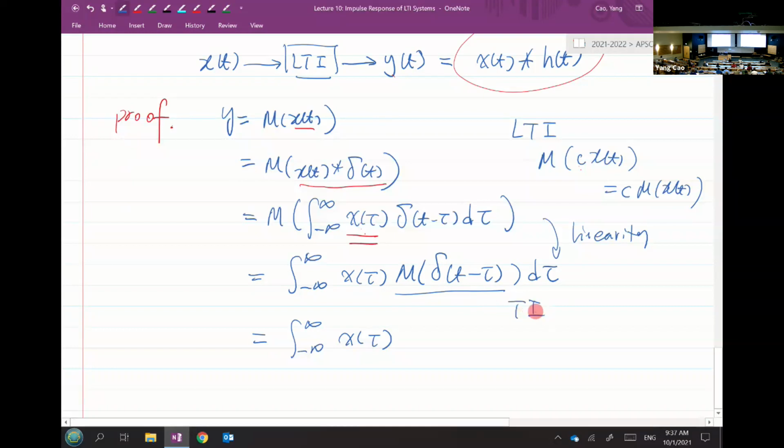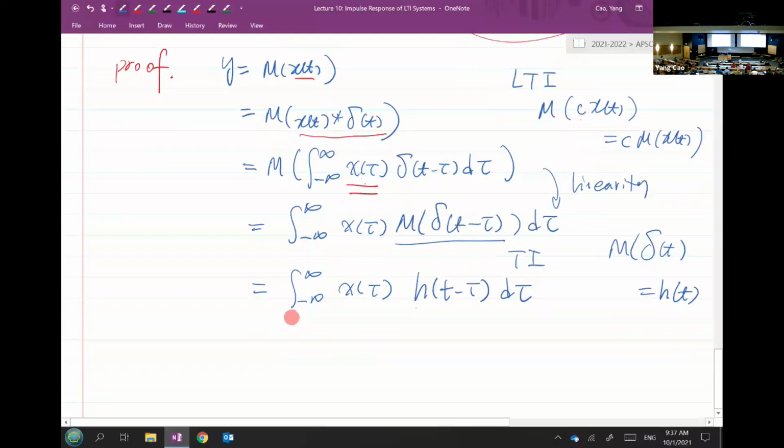The TI property says if you shift your input, then the output is correspondingly shifted. So when your input is delta of t, you get your h of t, right? But this time it is shifted by tau, so you get h of t minus tau here, the shifted impulse output.